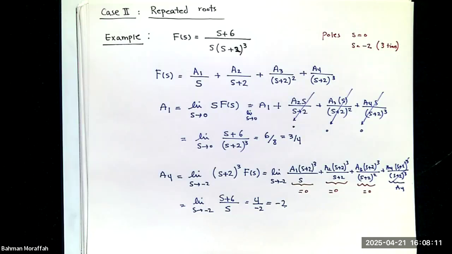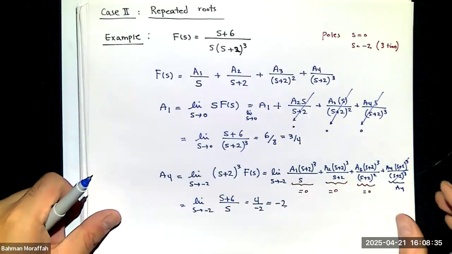So I have to somehow make this function look like something without this s plus 2 to the power of 2. And in this case, a2, when there is no s plus 2 on the denominator. To be able to do that, I have to look at these things.